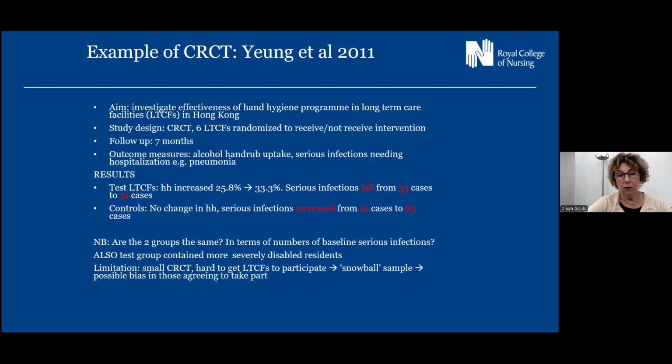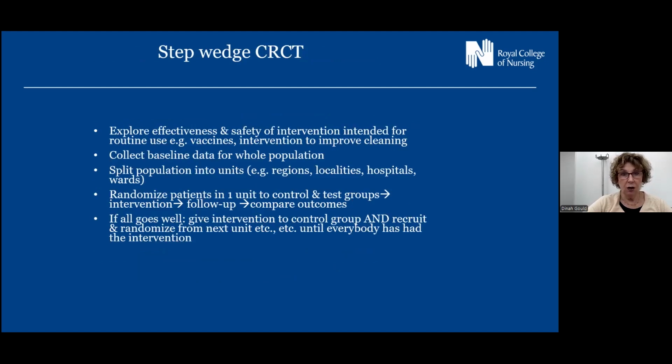The long-term care facilities weren't all that equal, because there tended to be more infections in the control groups anyway at the baseline. And there were more severely disabled residents in the control groups purely by chance. The sampling wasn't really all that good. But this is an example of a CRCT in nursing homes.